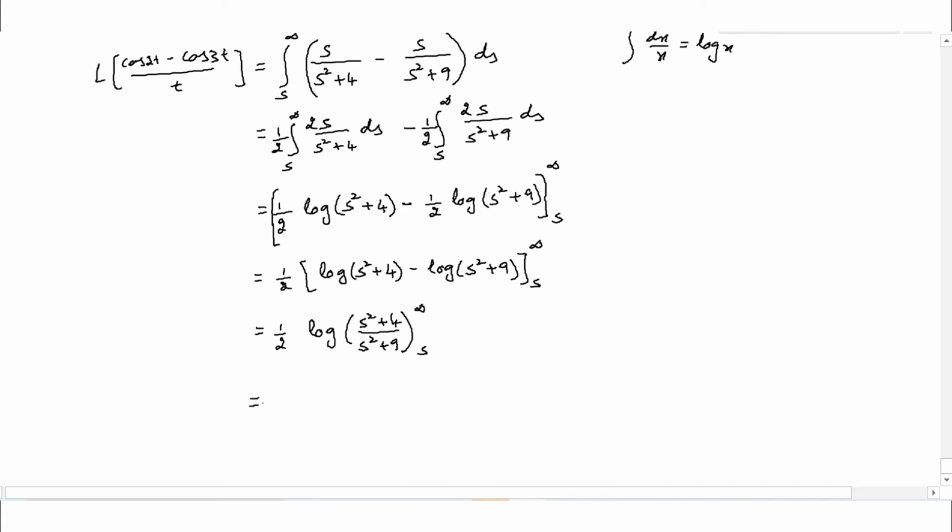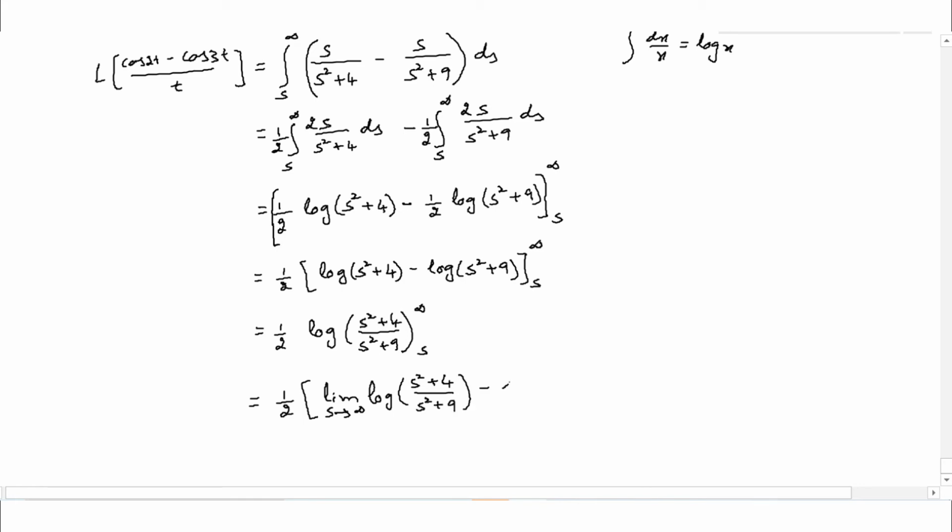So once again, let us apply the upper limit value as well as the lower limit value. So we get the expression to be equals to, it is 1 by 2 times of, so upper limit value is limit as s tends to infinity. So we will be getting the value as s square plus 4 divided by s square plus 9, the upper limit value, minus the lower limit value for s will be s itself.